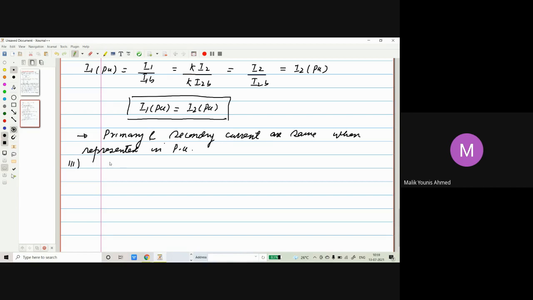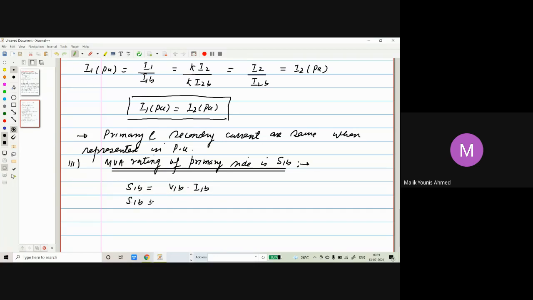Third is MVA rating of the primary side. We know that the apparent power rating, or the complex power rating S1B, is the multiplication of the primary base voltage and the primary base current, which we know already.